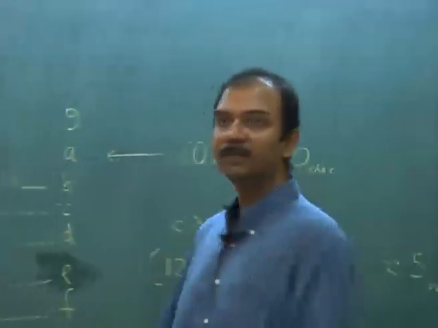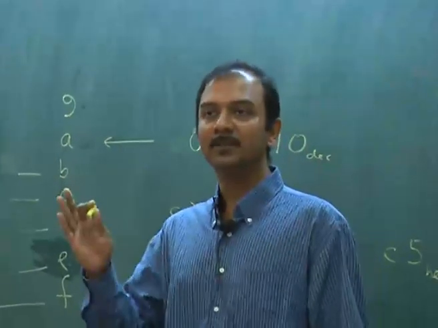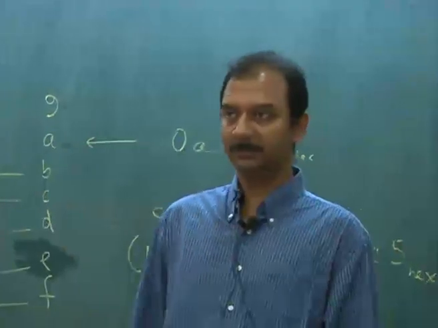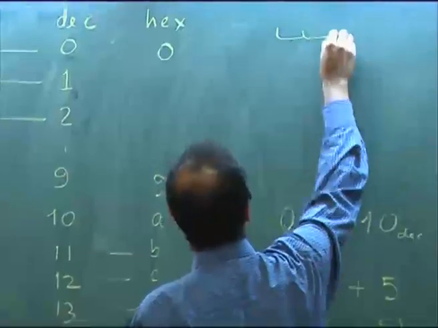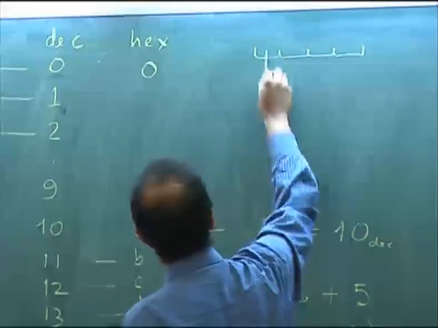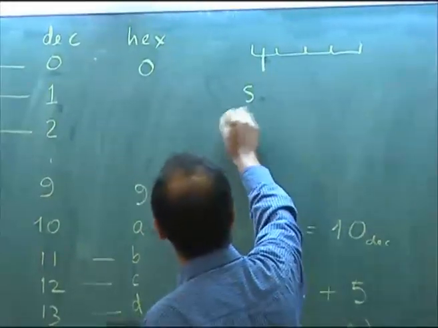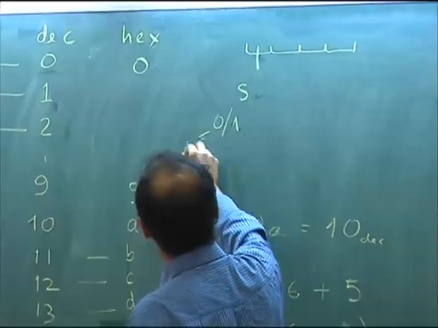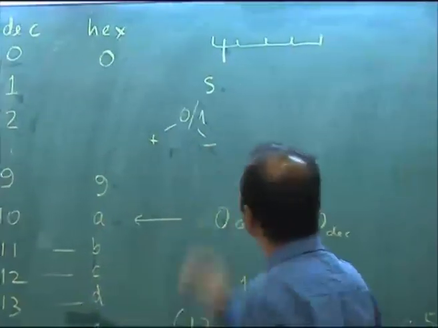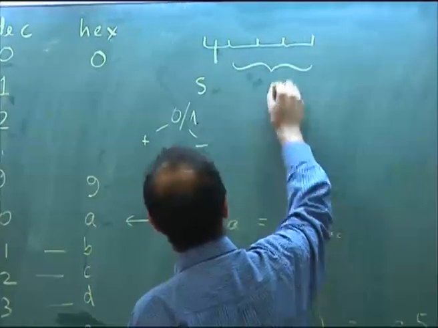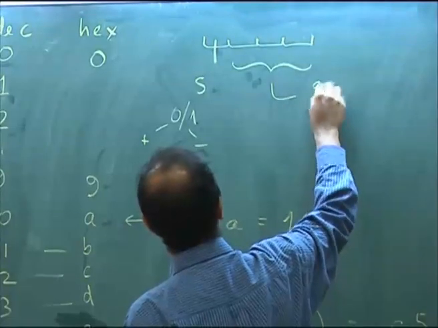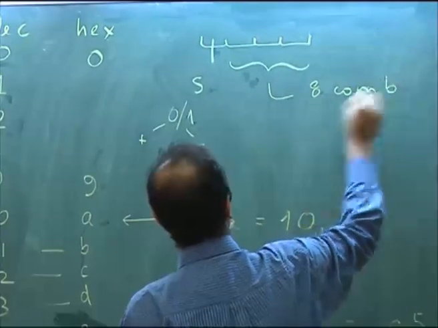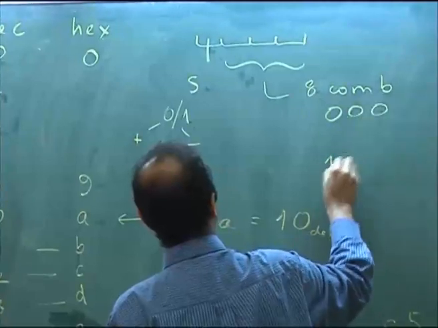Now, a very simple way to represent positive and negative numbers is to set aside one of the bits as a sign bit. So suppose I was given 4-bit position. I say this is going to be my sign bit, which can be either 0 or 1. 0 might mean positive, 1 might mean negative, say. And then these 3 bits can go through 8 combinations, 0, 0, 0 through 1, 1, 1.